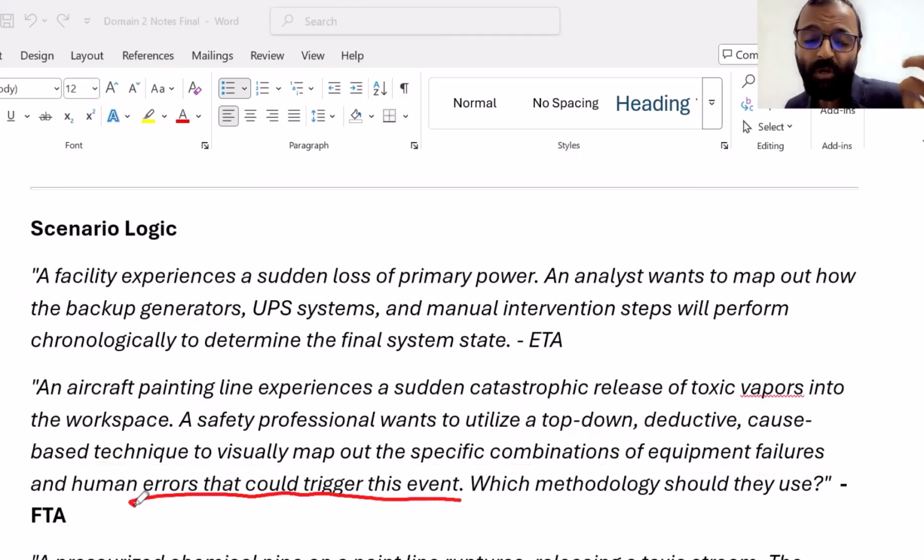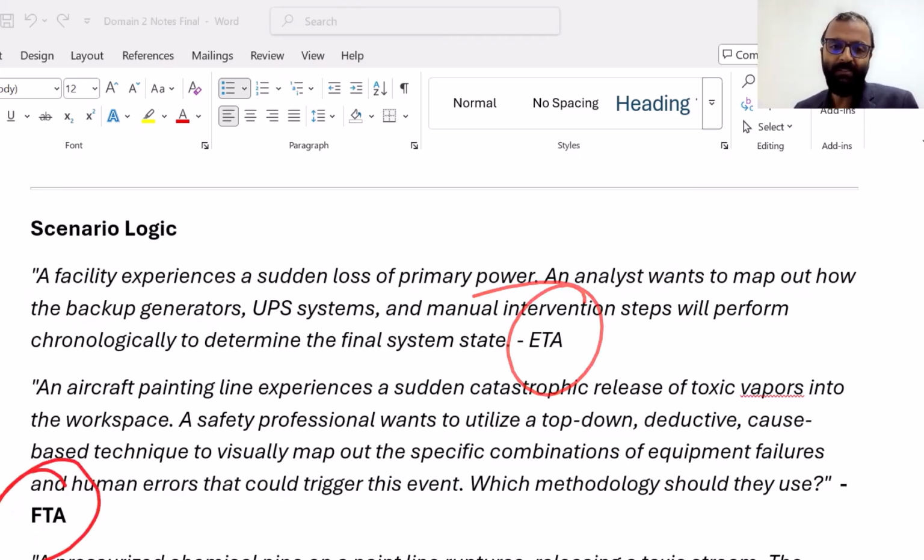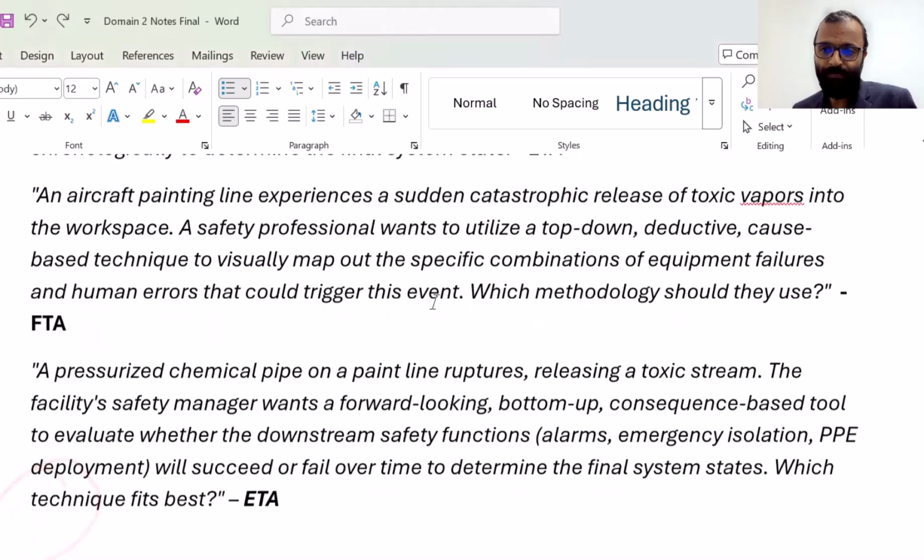Here you are moving backward. Why has this event occurred? That is the question. If you are finding why this event has occurred, you are moving backward, into the past, working as a detective, then it is fault tree analysis. But if you are moving forward, asking what all things will happen in the future, that is event tree analysis. This one is fault tree analysis. You are moving backward, it is the past.